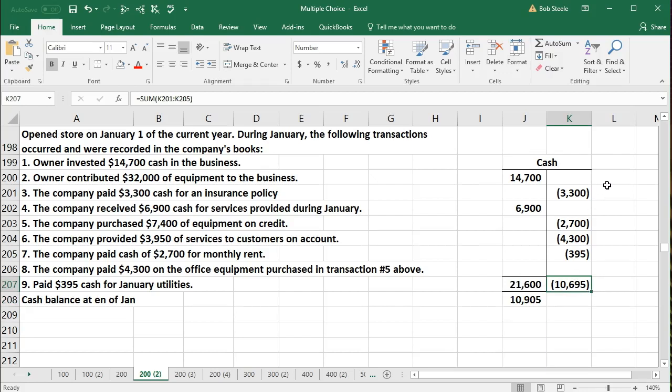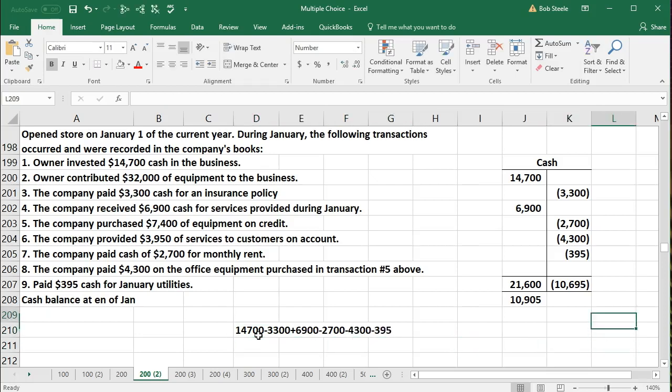But you can also have the running balance, and it's useful to know that. So if you wrote this in terms of a formula, instead of a T account, you could just say we had the 14,700 minus the 3,300 plus the 6,900 minus the 2,700 minus the 4,300 minus the 395.